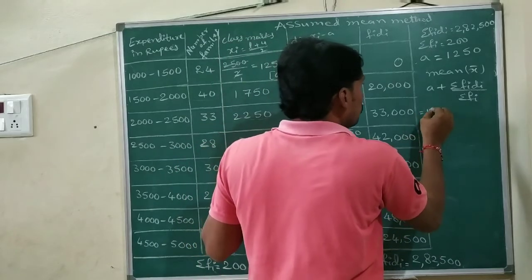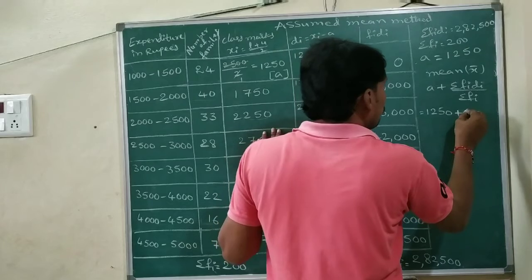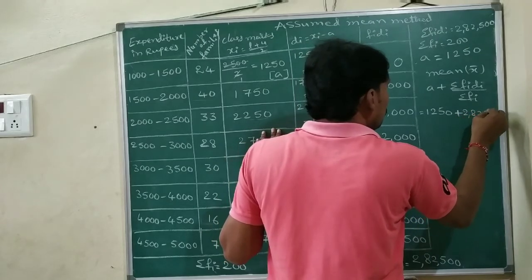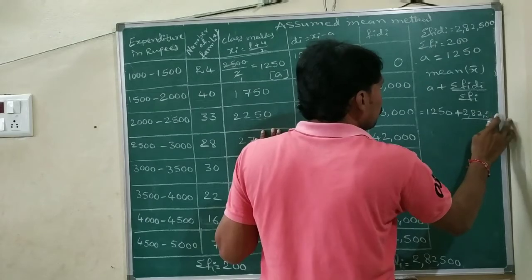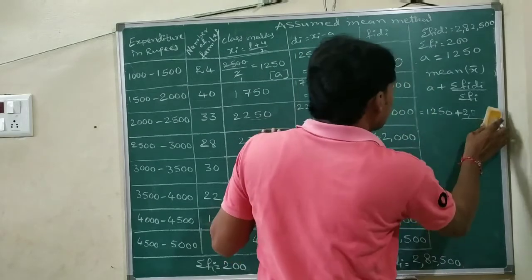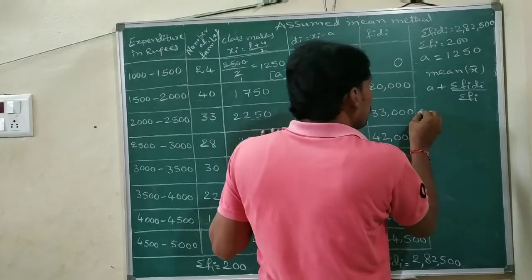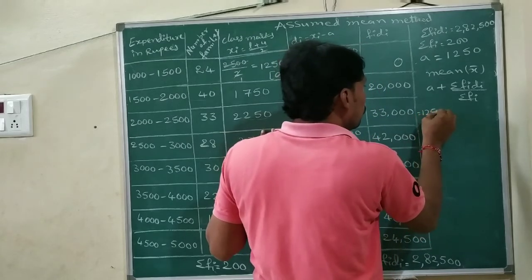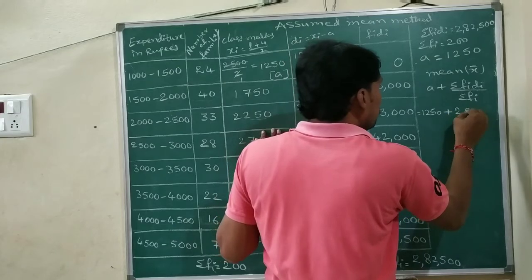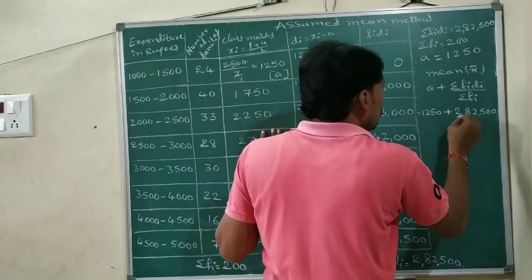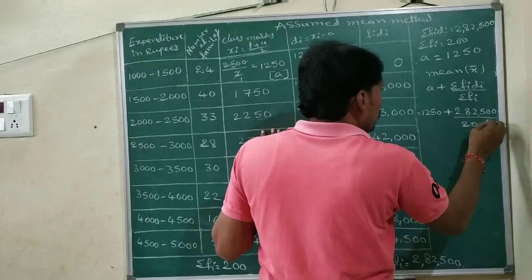So the A value 1250 plus sigma Fi Di value 2,82,500 by the sigma Fi value 200.